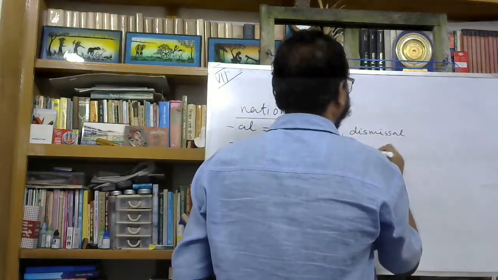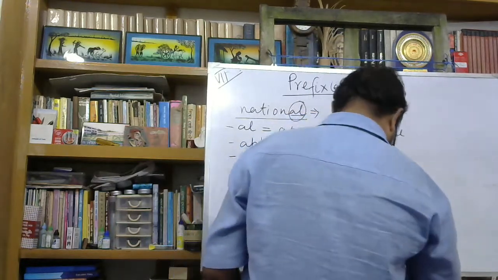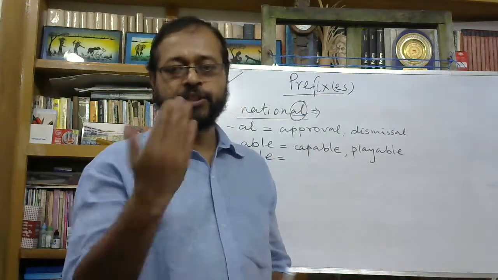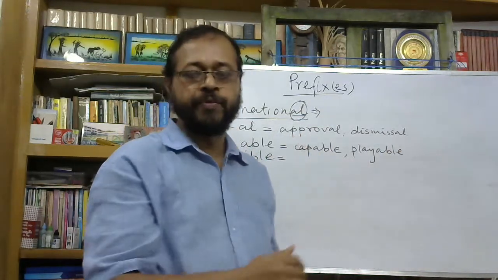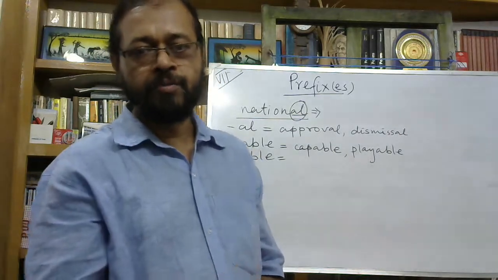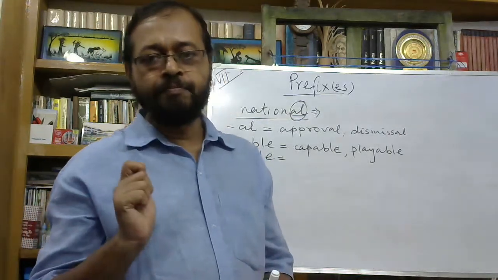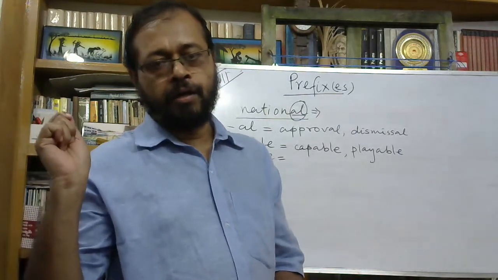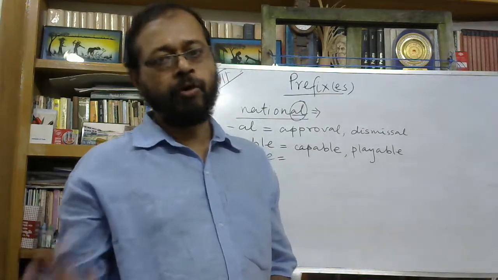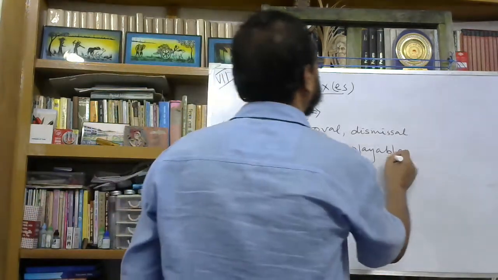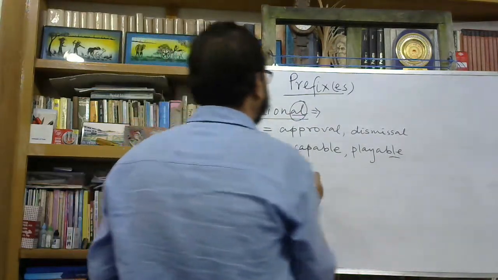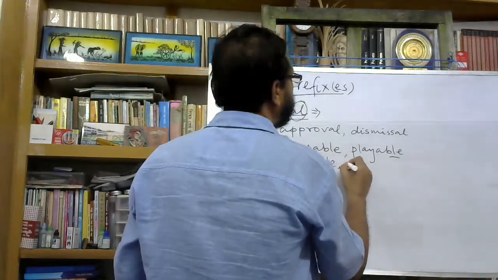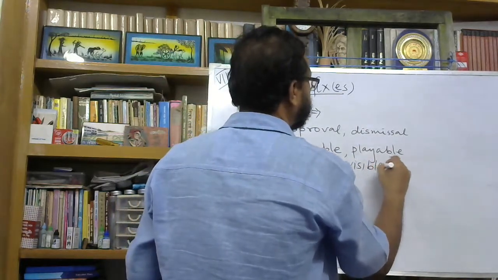playable. You will have heard this in cricket commentary. More than playable, what is heard more is with the prefix added, unplayable: Bumrah bowled an unplayable ball, or Kohli got out by an unplayable ball. So playable, so able, then able, a similar sense but audible, visible, that can be seen, that can be heard.